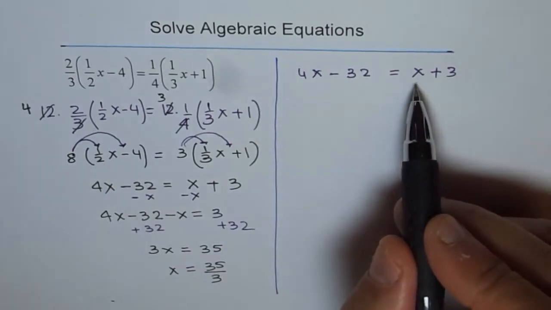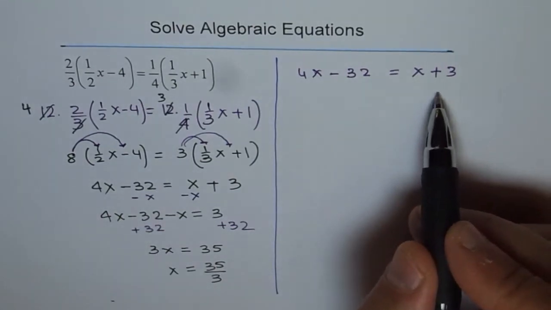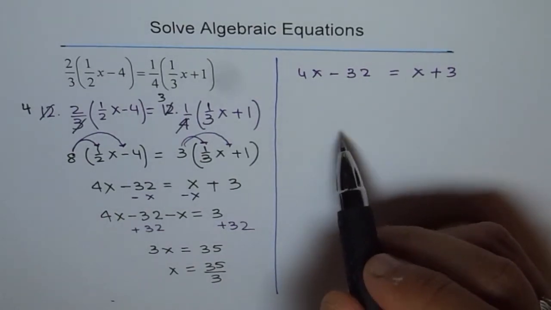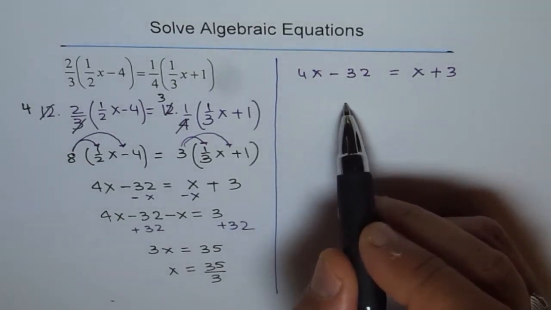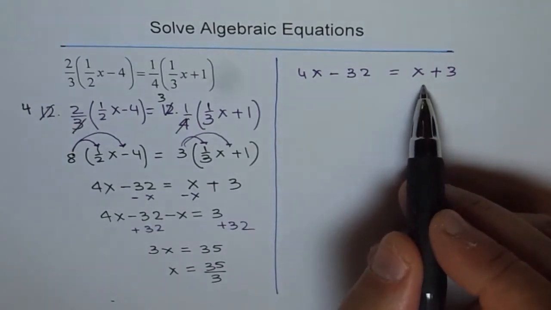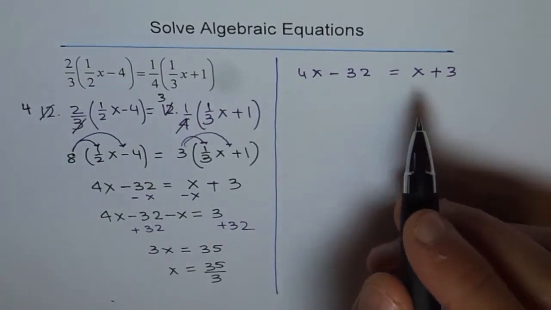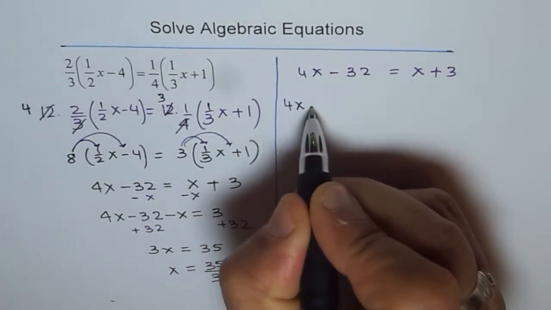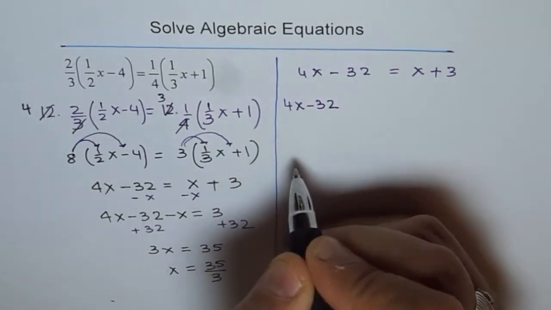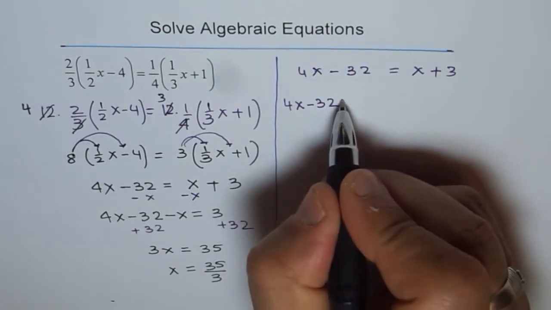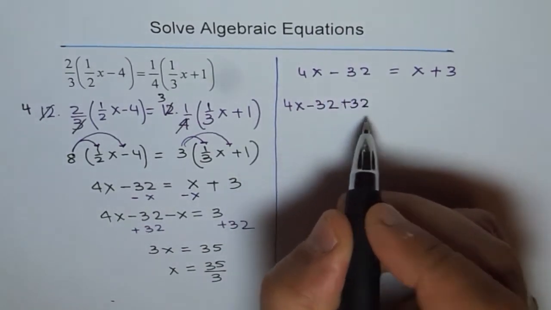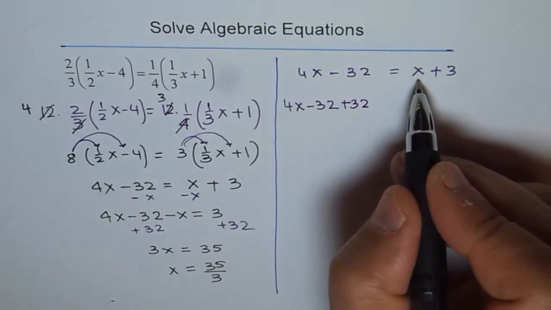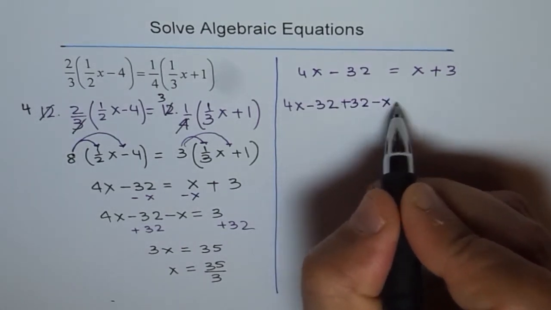Now to get rid of this variable x, we'll do minus x both sides. Then we'll get 4x minus x here, and there won't be any variable on the right side. Let me show you here once again. So this is what I'm trying to do here. 4x minus 32 is already with us. We are doing plus 32 so that we don't have any constants on this side, and for this we are doing minus x on both sides.